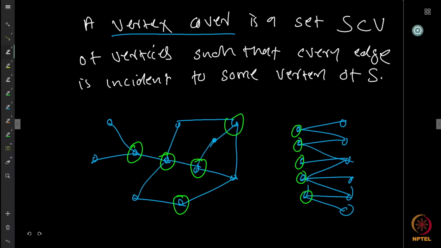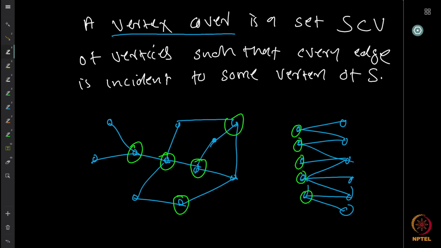So we are going to define what is called a vertex cover. A vertex cover is a subset of vertices of V such that every edge in the graph is incident to some vertex of the subset. So it's actually a vertex cover of the edges.